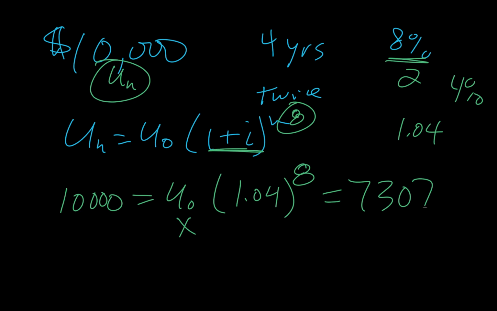Okay, and that's the amount of money that she needs to invest so that in 4 years, at this percent, being compounded twice a year, she'll end up with $10,000. Okay?